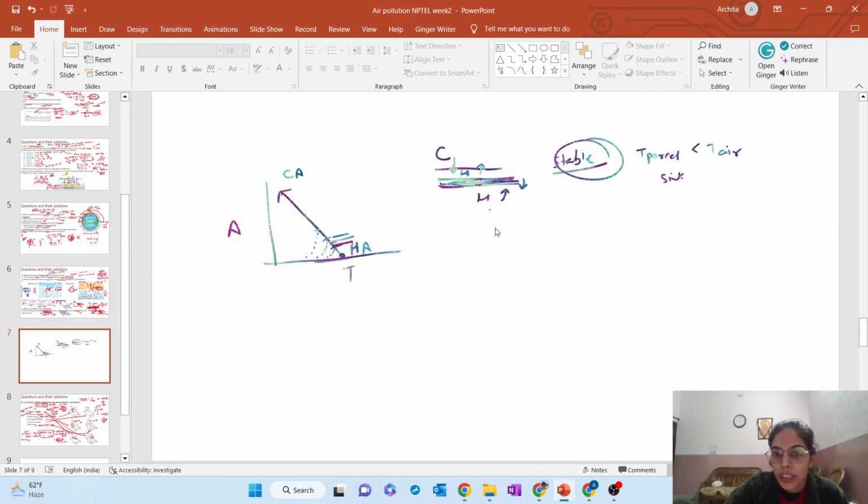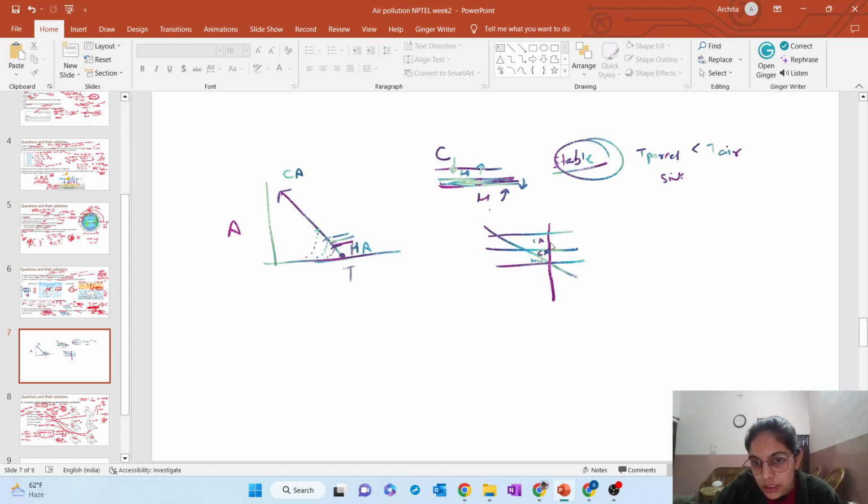Same for the frontal inversion, when there is land and sea breeze. Sea breeze is colder compared to land air, or the warmer air, and it forms these sandwich sort of structures, where in this region this is a colder air, this is a warmer air, but this again becomes colder air.